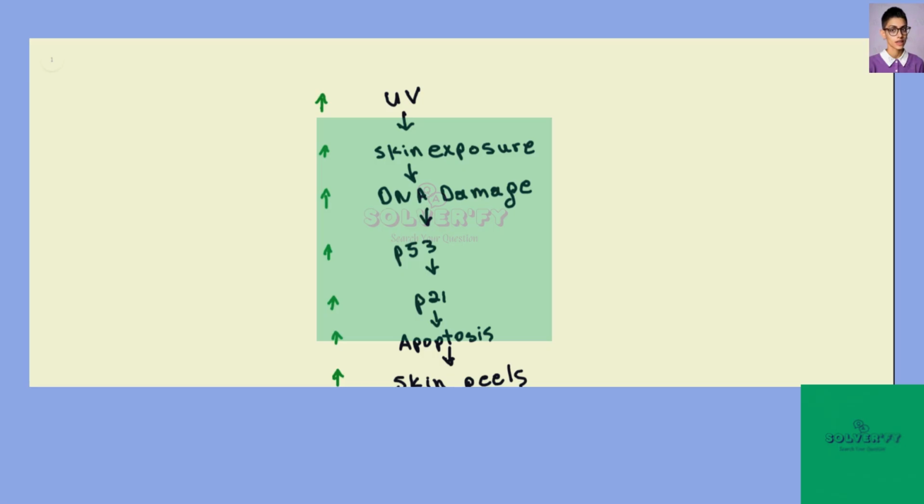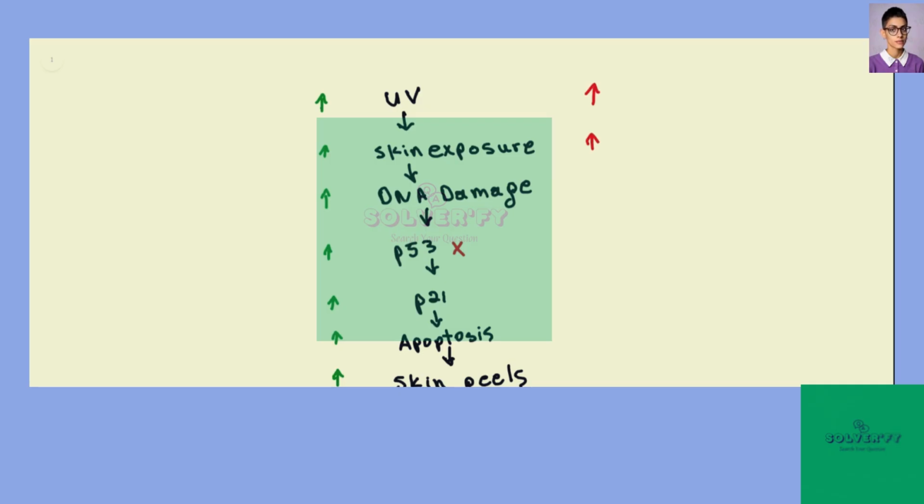And the question is asking what would happen if p53 is mutated. So what would happen if this guy right here becomes unresponsive? Okay, so this would still occur normally.